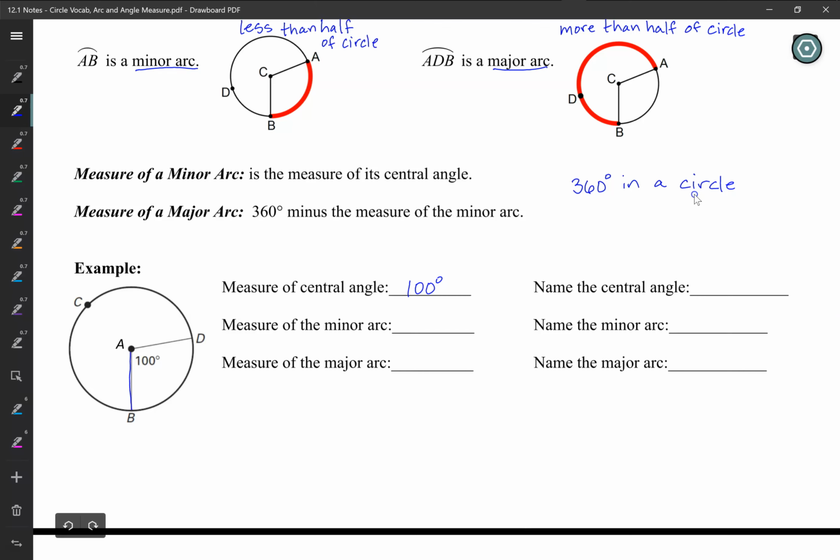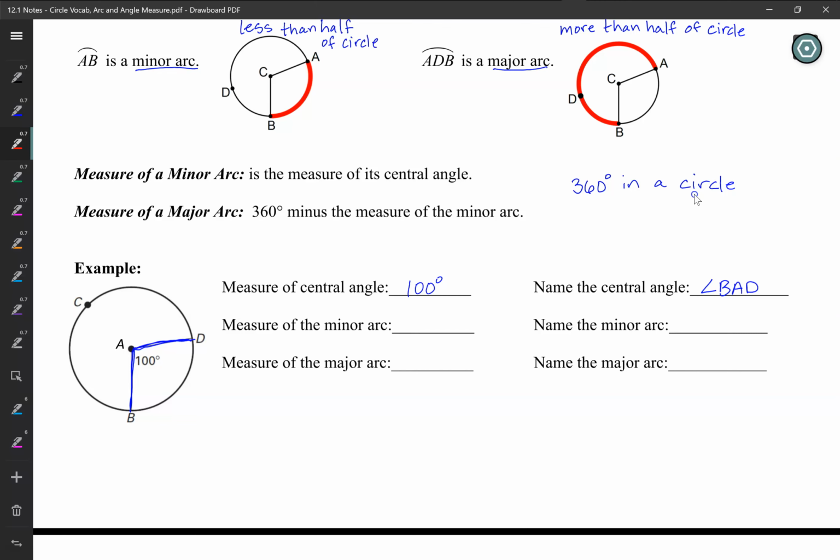That is angle BAD. Bad angle. I like giving angles interesting names. All right. Now I want to name the minor arc. I'm going to leave that one traced in blue, so I've got this color coded.